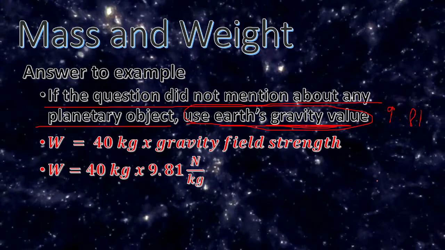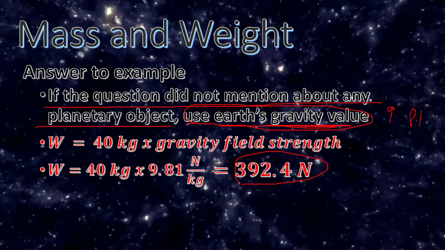Using your calculator, you can get your calculator now and answer. I'll just wait for a couple of seconds, or you can pause the video and see if your answer is correct. So the final answer is 392.4 newtons. This is the answer for the question that we have.